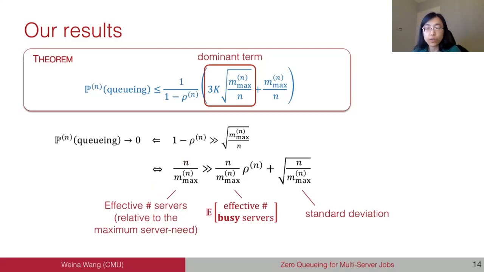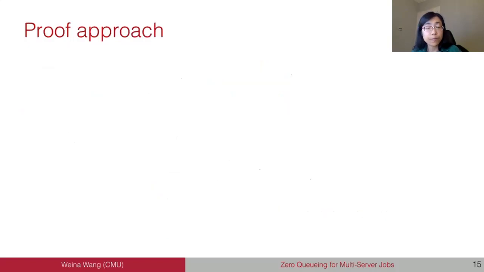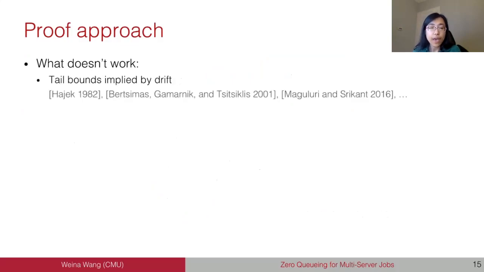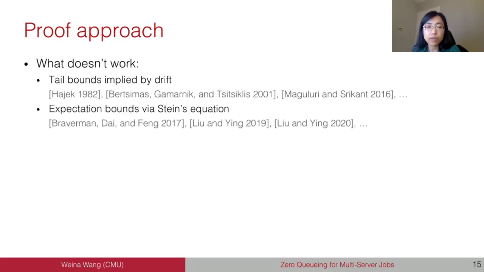Okay, so now I just want to briefly mention our proof approach. We tried the approaches in the literature that have led to a lot of very interesting results, but neither of them directly worked for our problem. The first one is to bound the tail probabilities of a Lyapunov function through the drift of the Lyapunov function. The second one is to derive expectation bounds by finding a function that solves Stein's equation.